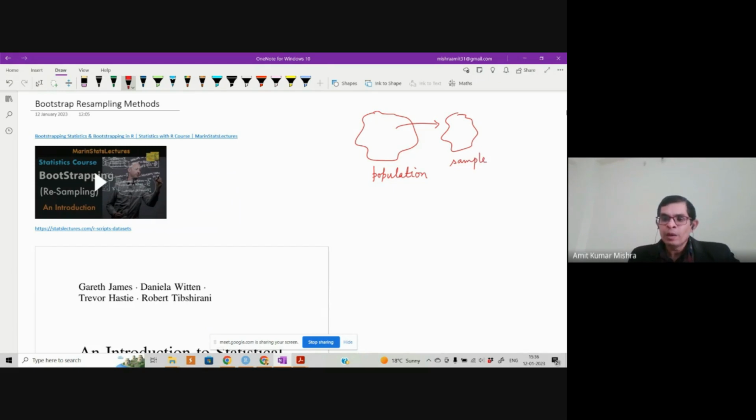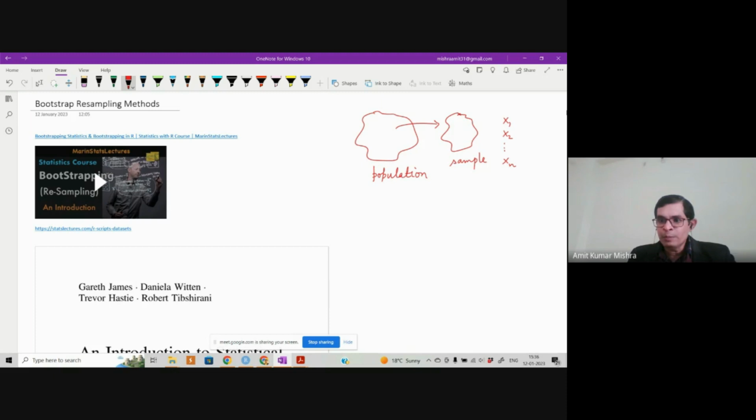Mathematically we denote the characteristics which we are measuring by x1, x2, and if the sample size is n, up to xn. So from the population we draw a sample. This is the real life data.